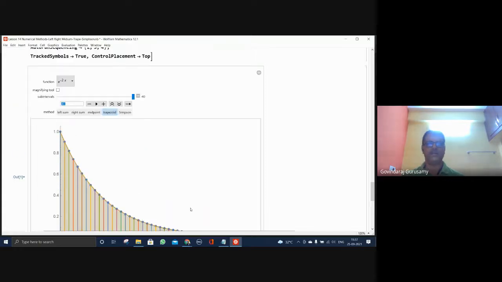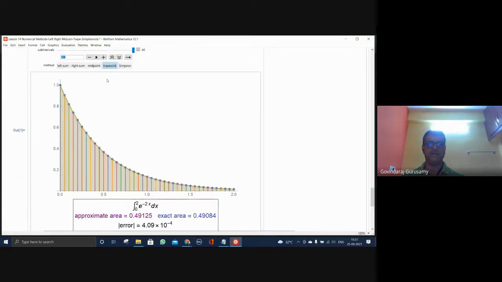4.0 10 to the minus 4 for a given number of data points for the trapezoid, and go to the midpoint. This is the same order, 10 to the minus 4, but it is now higher. In fact, midpoint seems to be better than trapezoid, because this is 2.04 in 10 to the minus 4, while the trapezoid is 4.09 in 10 to the minus 4.